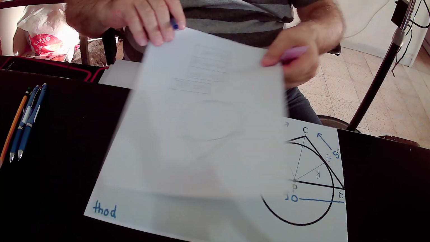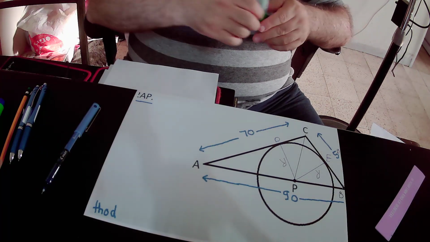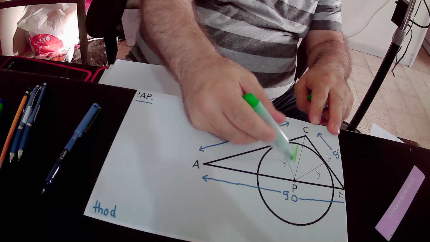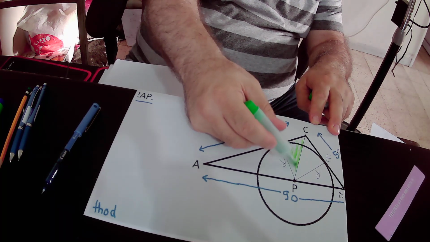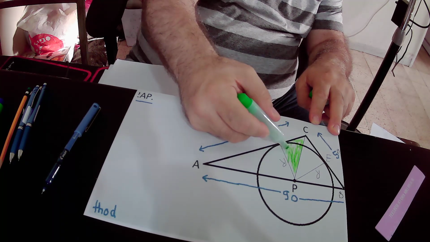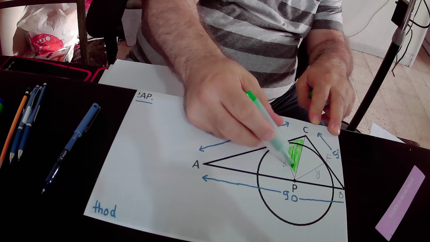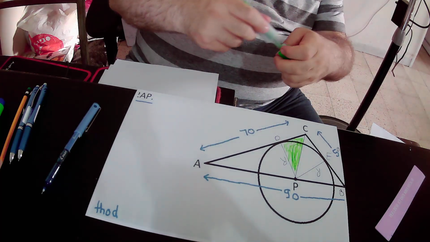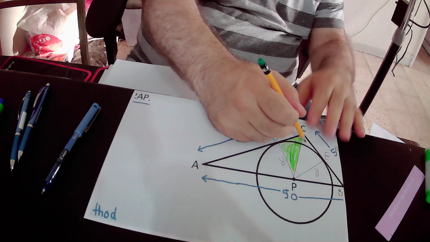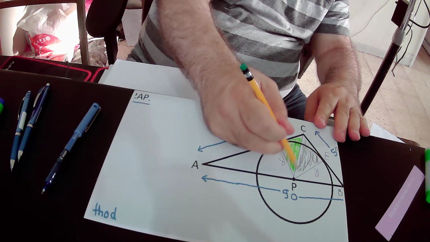So actually we have three sides of the green triangle, triangle COP, that are equal to three sides of the black triangle, triangle CEP.